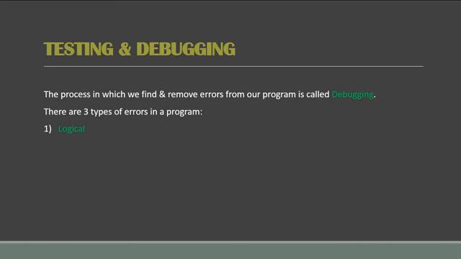So basically the logical error occurs due to the incorrect or improper use of the formula or the syntax.